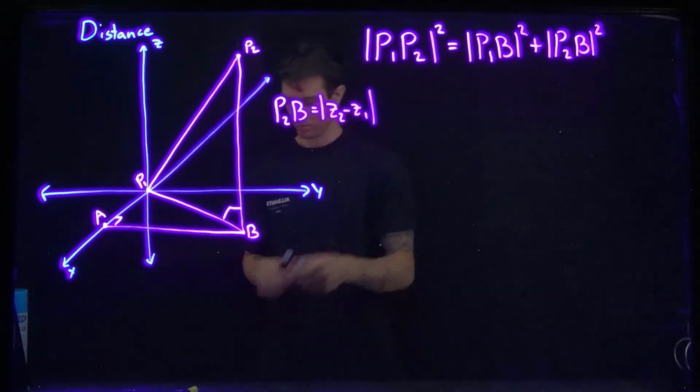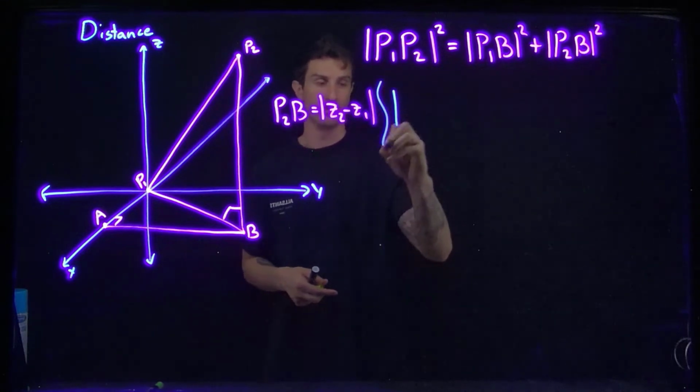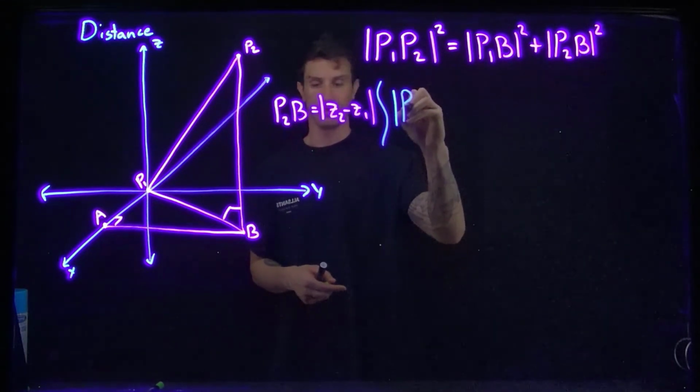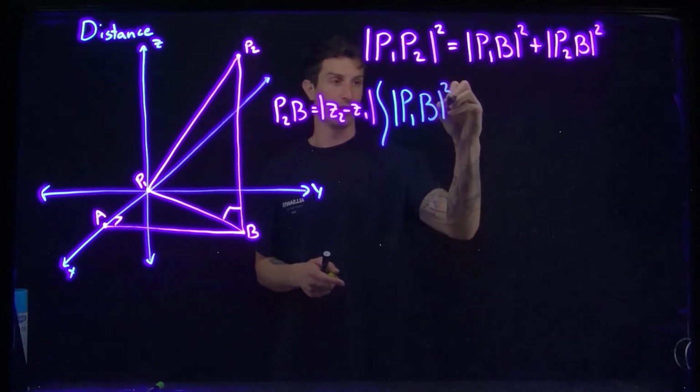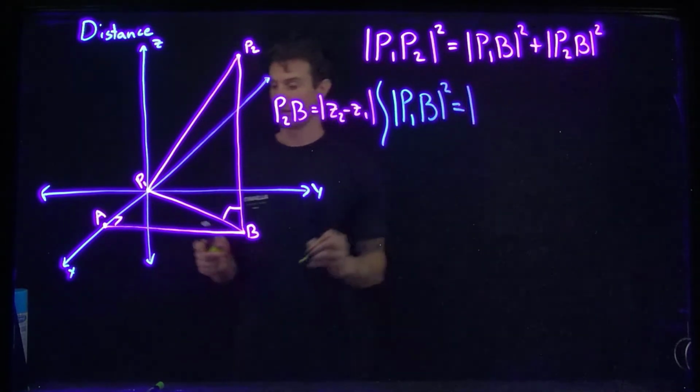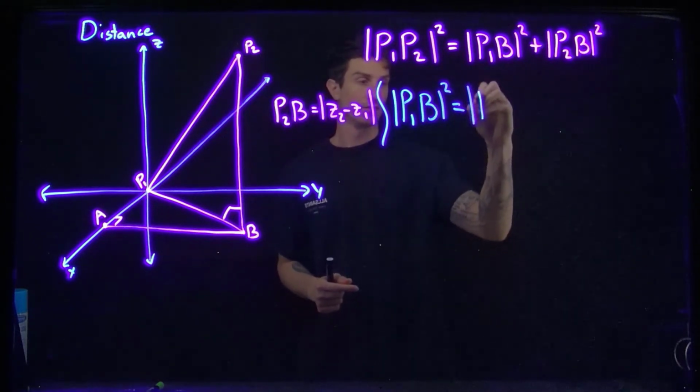So we know, let's use a different color here, P1 to B squared is equal to the distance from P1 to A squared.